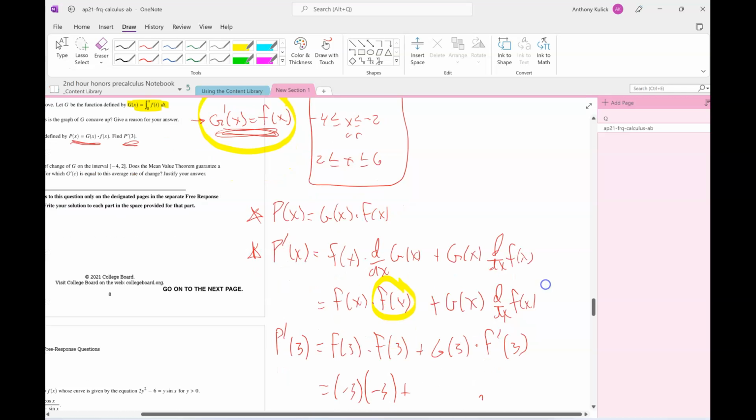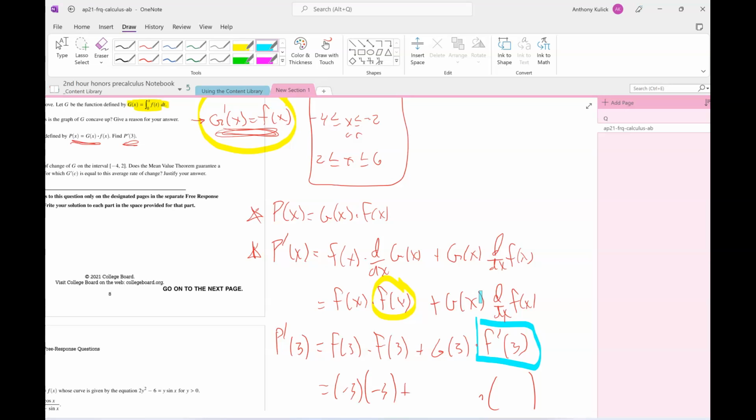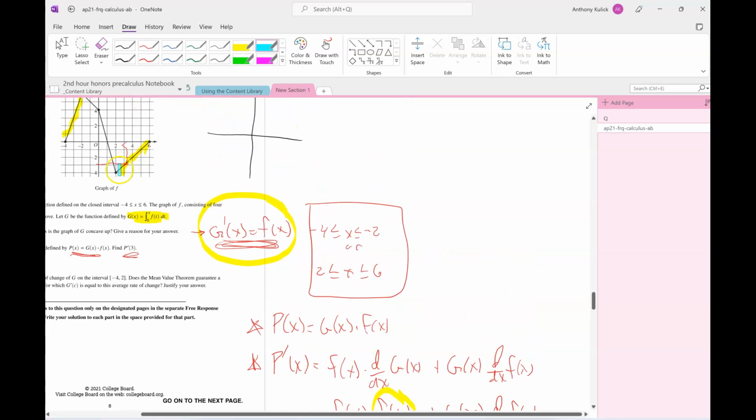What is the derivative the same thing as, in a graphical sense? Slope! So all I need is the slope on that line segment.